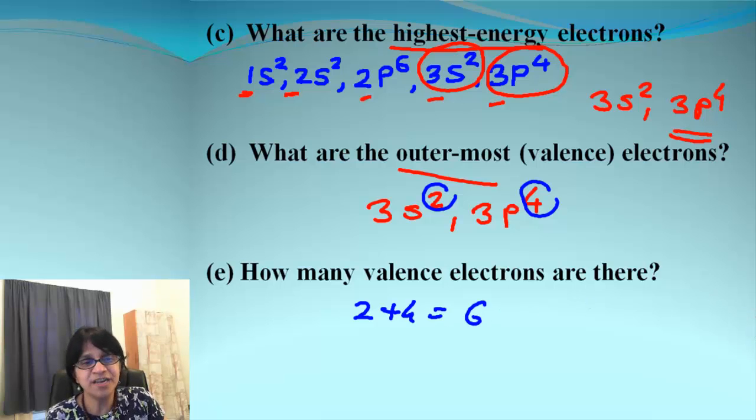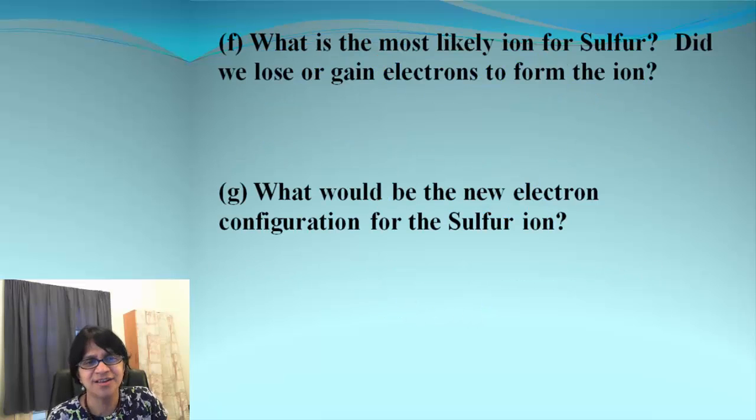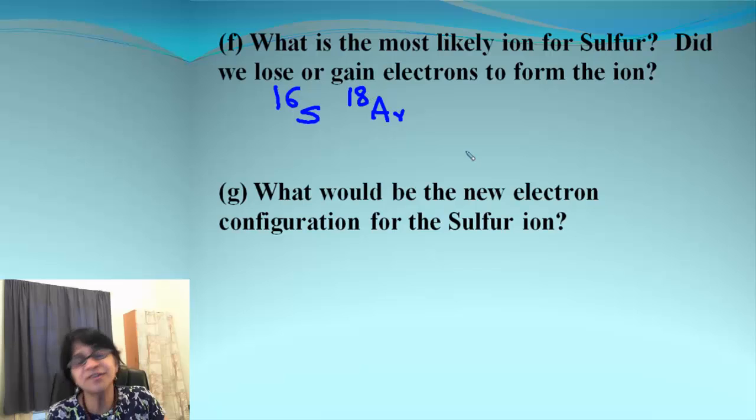Now this is interesting. Remember, every atom will try to become a noble gas. If sulfur wants to become a noble gas, it simply needs to get 2 more electrons. Sulfur has 16, and there is argon which has 18 electrons. It's very easy for sulfur to gain 2 electrons.